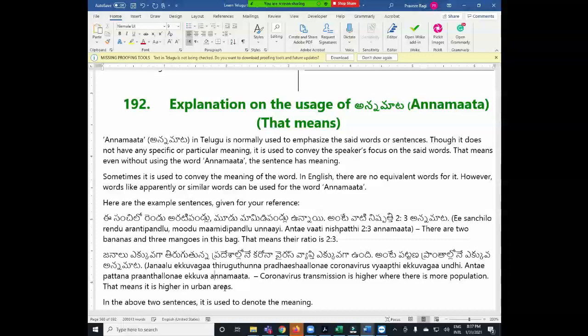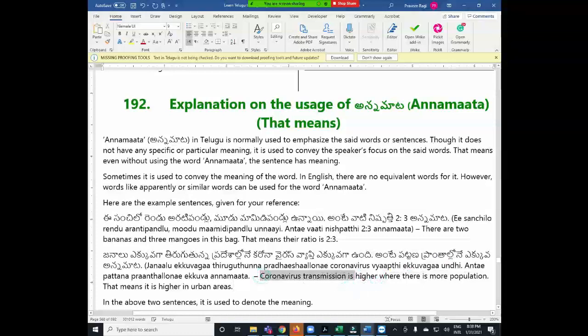Now let me explain each phrase for better understanding. I will translate from English first. Coronavirus transmission is higher. Coronavirus transmission is higher ante coronavirus vyapti means transmission. Is higher, is means undi, higher ante ekkuvaga undi.